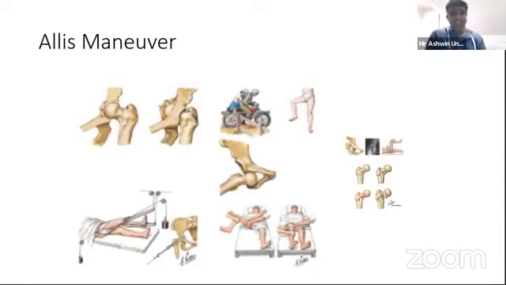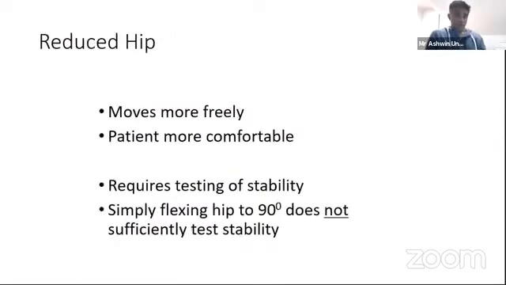I've rarely done that, but it's possible you can do that too. So the most important thing is, after you have reduced the hip, you have to test for the stability of the hip, see how unstable the hip is. Sometimes, if the hip is unstable, you have to make sure that temporarily the hip remains in.